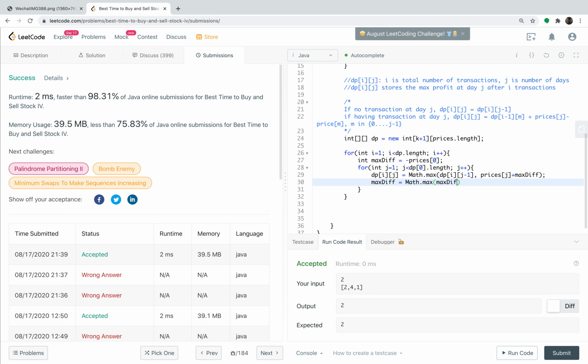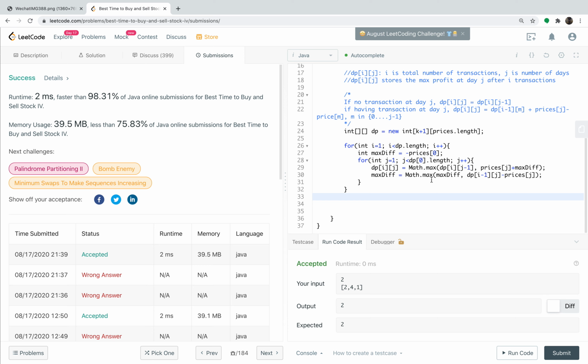Max diff is in order to find the maximum of prices[j] minus prices[m] for some day m. And here should be dp[i-1][j] minus prices[j]. So this is kind of more complicated than the easiest solution, I think.